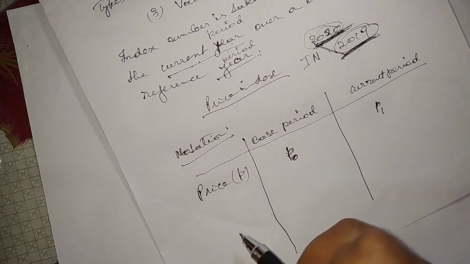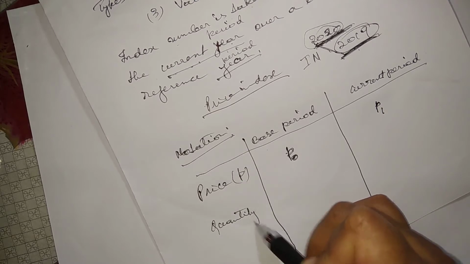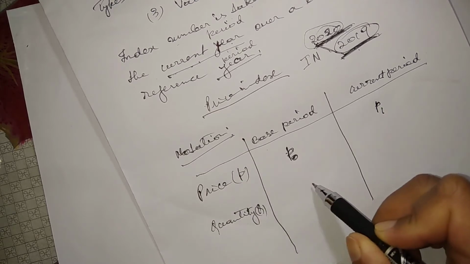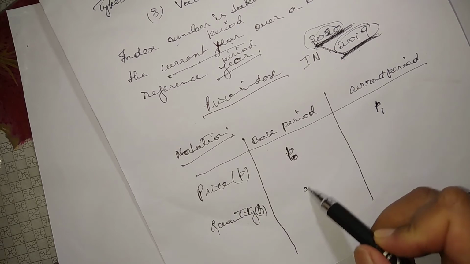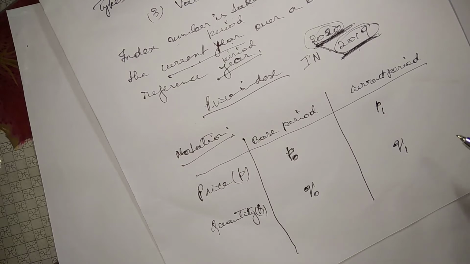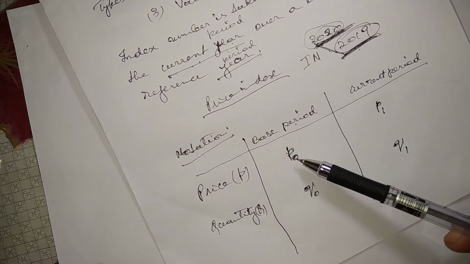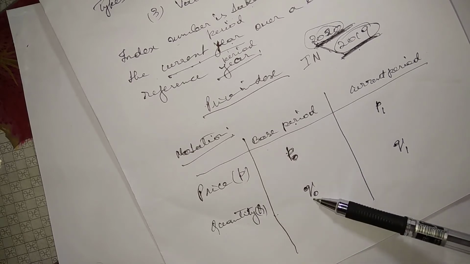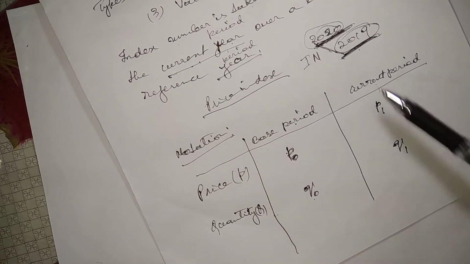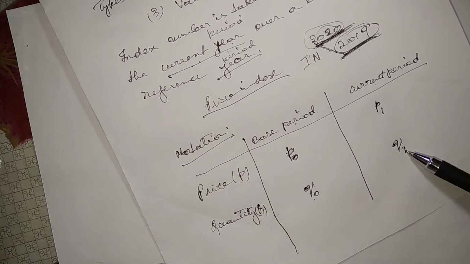And then quantity: for the base period we denote it as Q0, and for the current period we denote it as Q1. So base period price is P0, quantity is Q0. Current period price is P1, quantity is Q1.